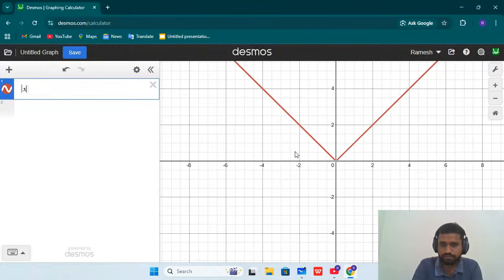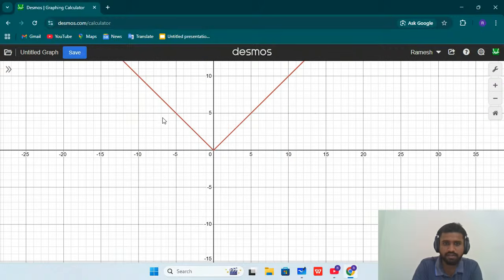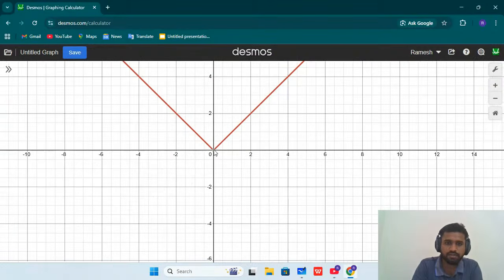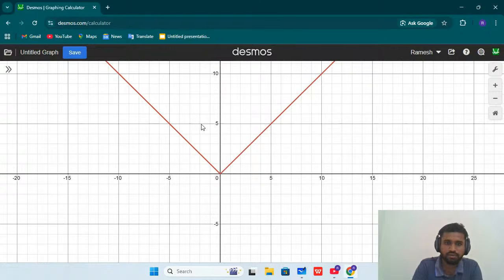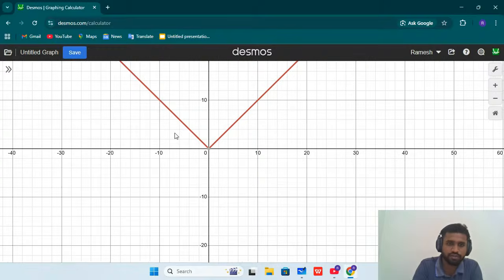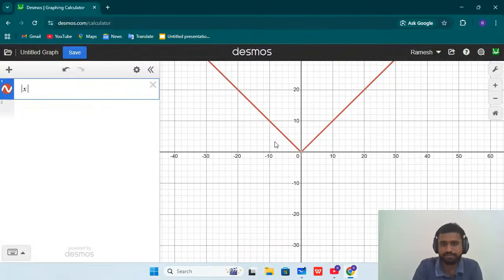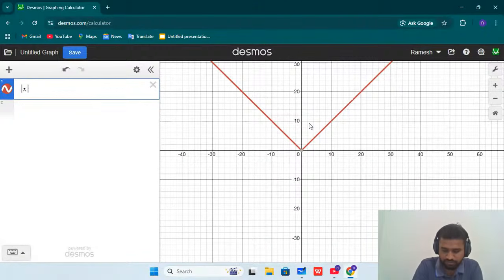The vertex will be at 0 comma 0. If x equals 1, y is also 1. x equals 2, y equals 2, and x equals 3, y is also 3. On the left side also a similar graph you can see. So this is the graph of y equals mod x.